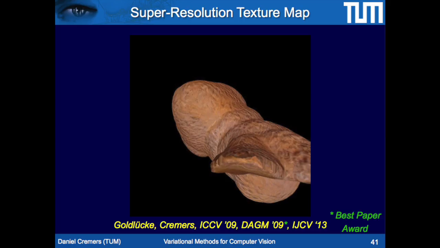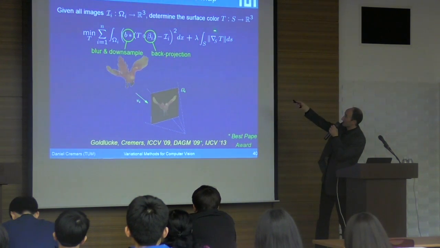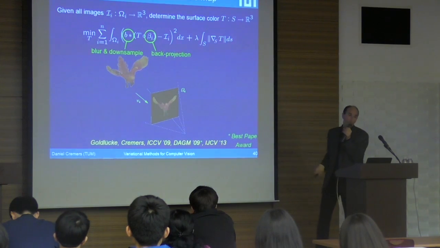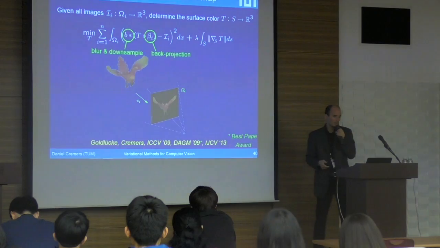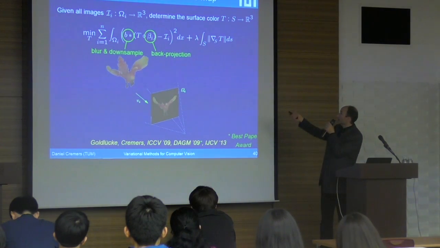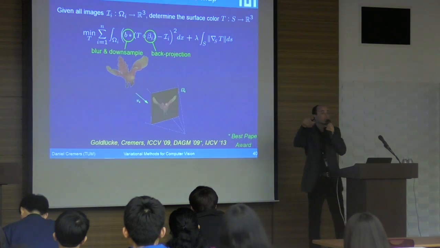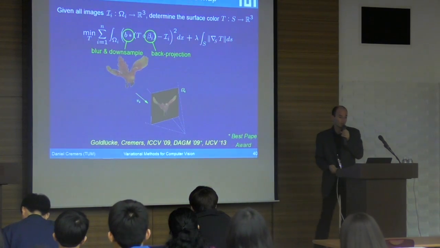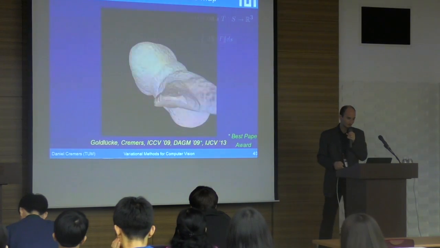And then, I skipped that, but you see there's a total variation here as a regularizer, the usual regularizer that we use in at least many of our papers. The only thing that makes it not fully trivial here is that this is the gradient when moving along the surface. So it's not the Euclidean gradient, but the gradient on the surface.